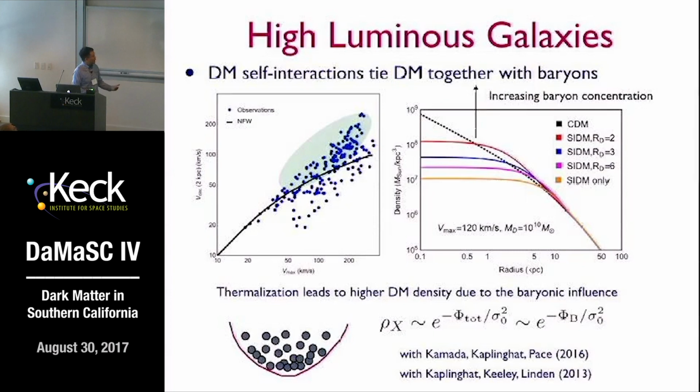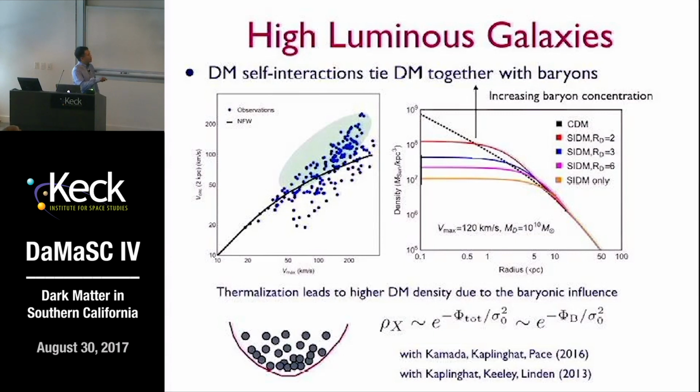So with this, you can ask how this effect changes the SIDM distribution. The effect shows in this plot. You take a galaxy, you fix the Vmax, you fix, let's say, the total baryon mass, but you vary the baryon concentration. This is NFW, and this is SIDM without the baryons.